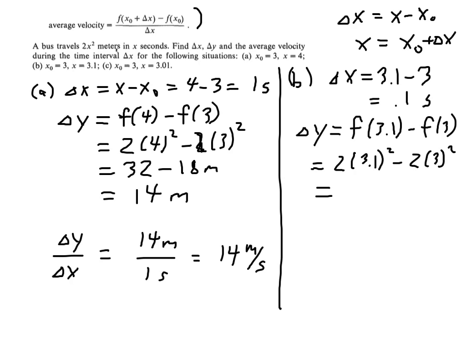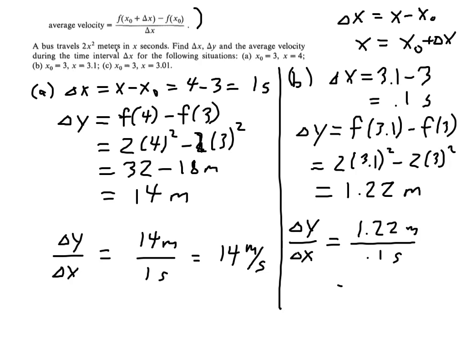And if you plug that into your calculator, you should get 1.22 meters. So in that 1/10 of a second, the bus has moved 1.22 meters. So the average velocity, delta y over delta x, will be 1.22 meters traveled in 1/10 of a second, which is 12.2 meters per second.